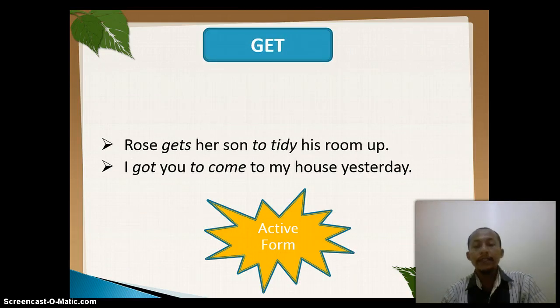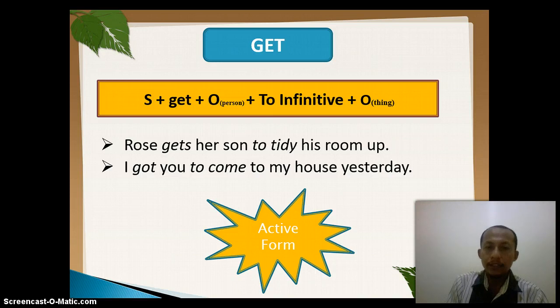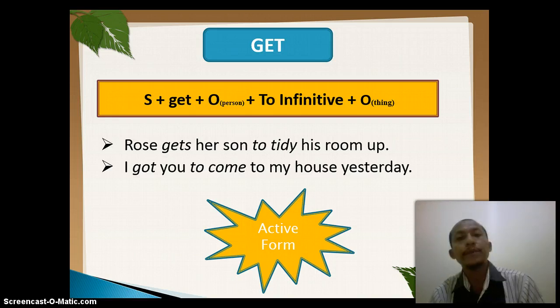Causative sentences using get are a little bit different from when we use have and make. In a causative using get, you can read the pattern, the formula: subject, get, object of persons, and to infinitive. In the previous explanation, after the object of people we used a bare infinitive, but here we use to infinitive, which means using to before the verb.